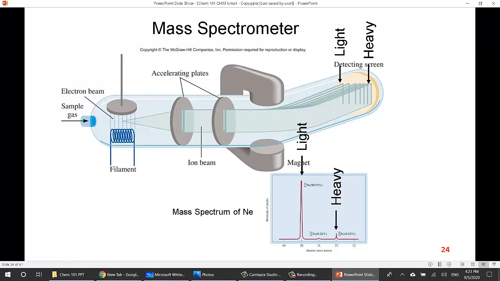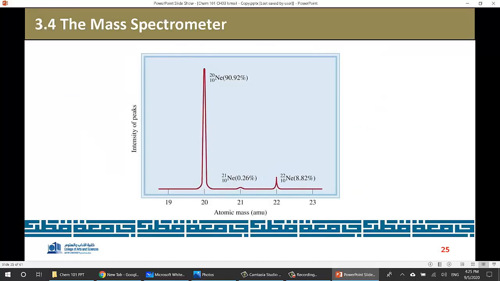So the light isotopes will go to the left, for example, and the heavy ones will go to the right. So this will project what we call a mass spectrum. Here in this slide is a zoom into the mass spectrum of neon, and as you see, this mass spectrum is composed of mainly 3 peaks, one big and nice peak at 20.